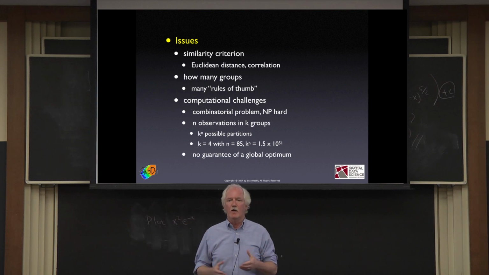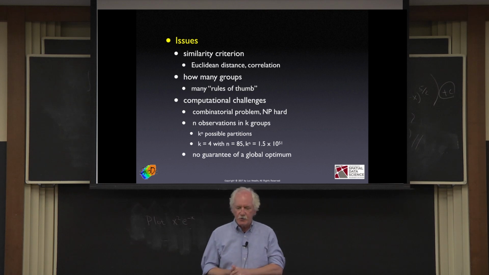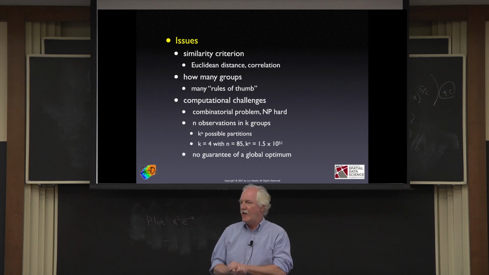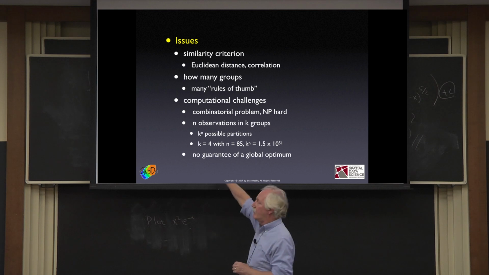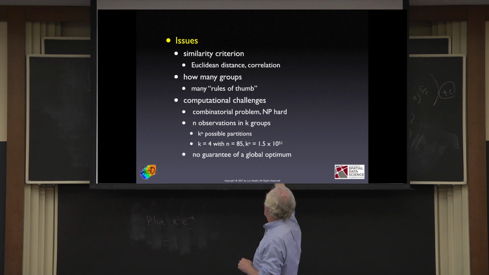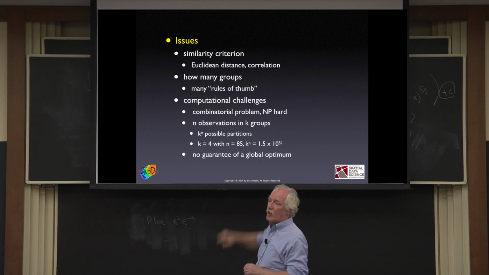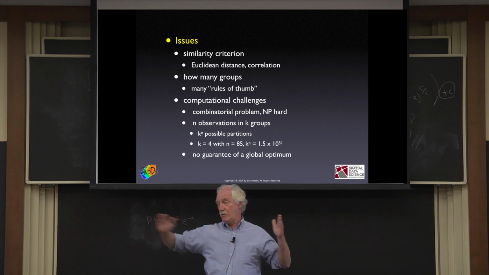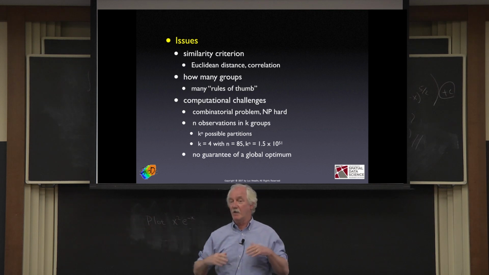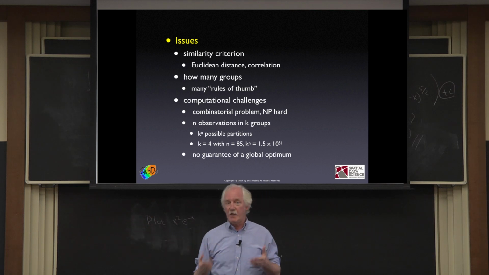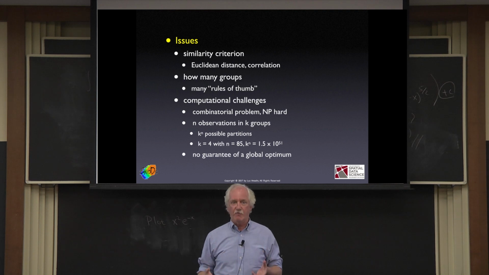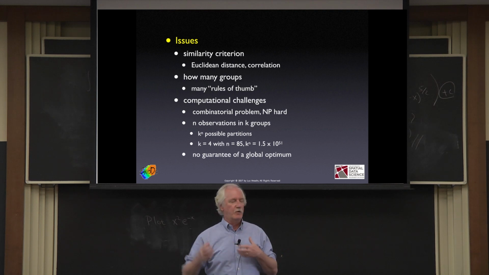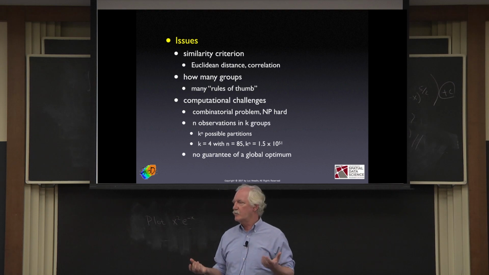It doesn't scale well. Just to give you an idea, with our 85 departments and we want 4 groups, we have this big number of possible arrangements. 10 to the 51st, that's a lot, 51 zeros after a 1. That's not something you can do exhaustively. Okay, some of the early problems were done exhaustively, but basically you can't do this.